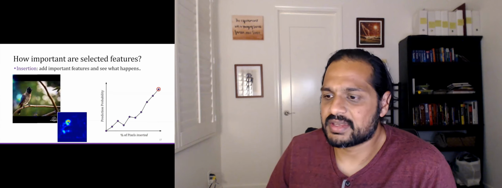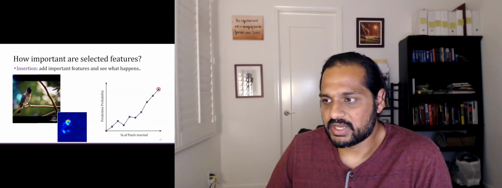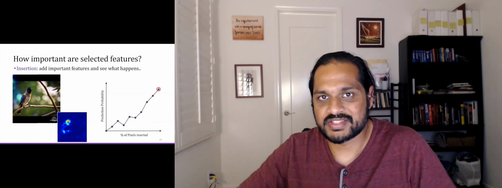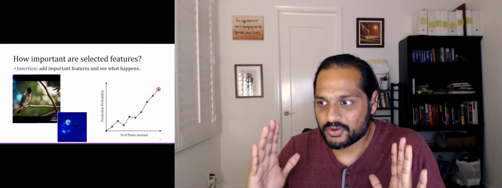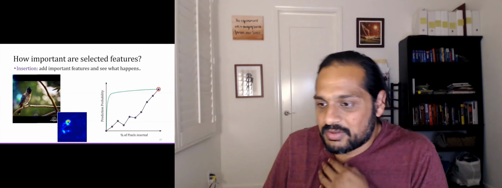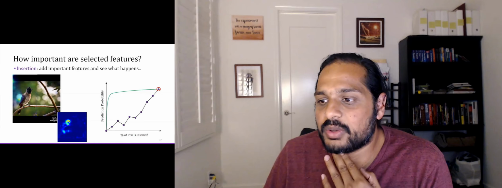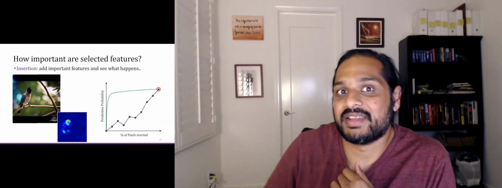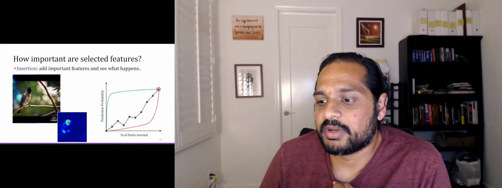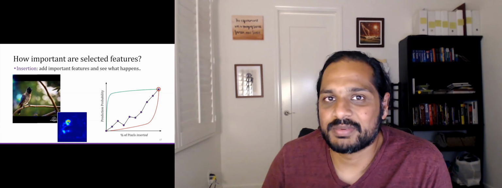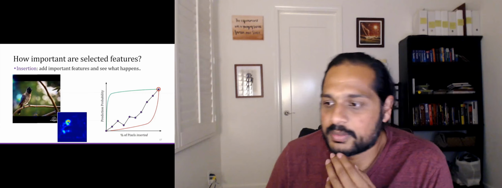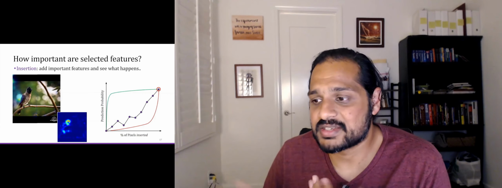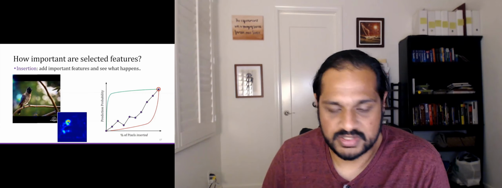And eventually you would have inserted all the features and you have your whole instance, and your probability will be very high. And again, if it's a good explanation, then it should really go up fast because you're adding the most important features. But if it's a really bad explanation, then it'll stay flat and then go up, right? And so again, you can look at area and so on to compute how good this is.